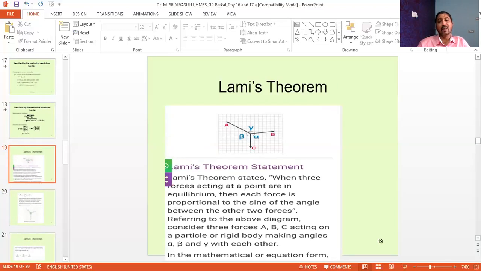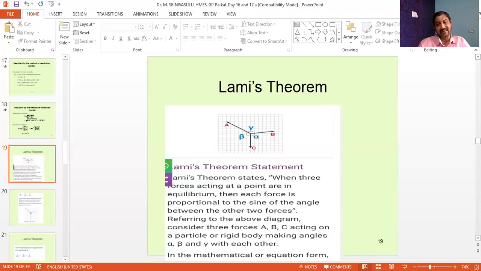Sometimes the forces are given and some angle is given, and we need to find the other angles, that is the angles between the forces. And the practical application of this Lami's theorem we'll be finding in so many cases.